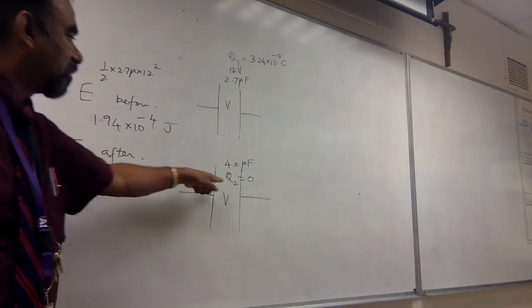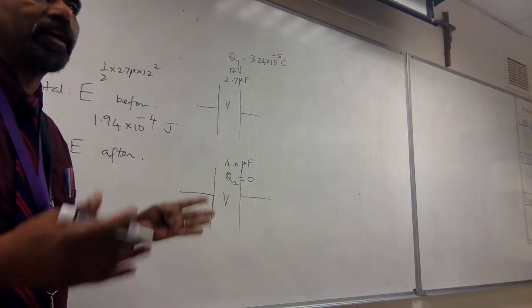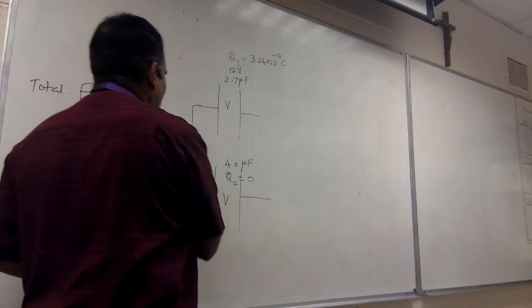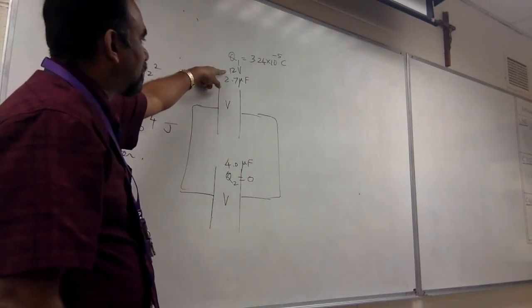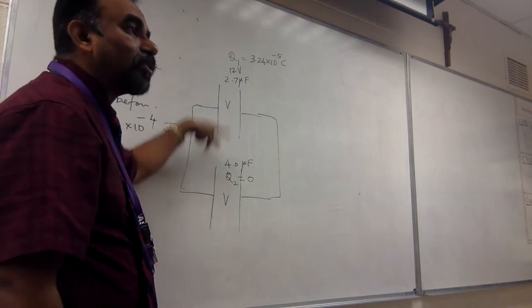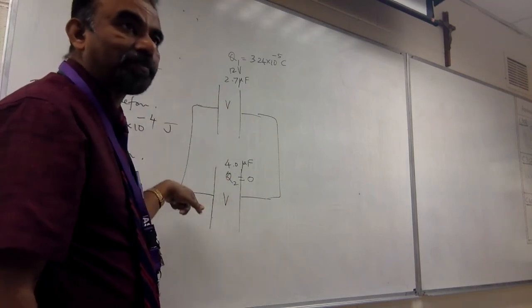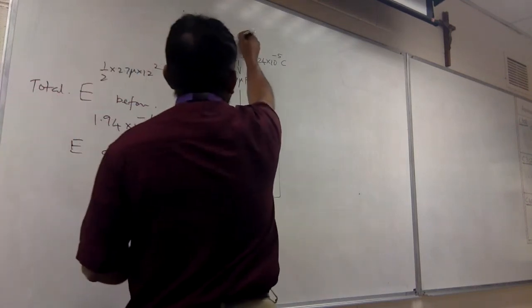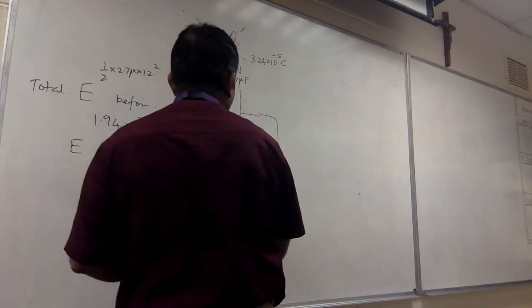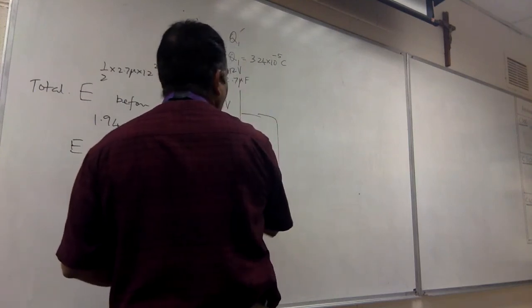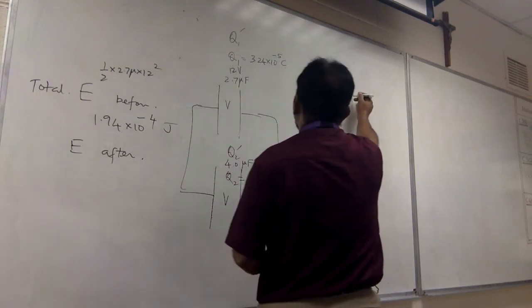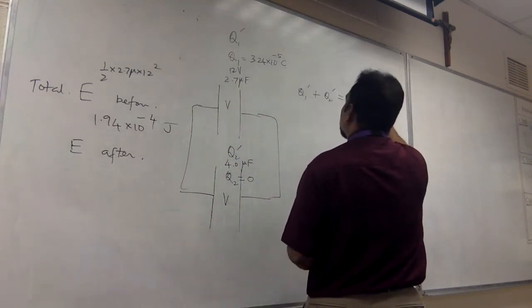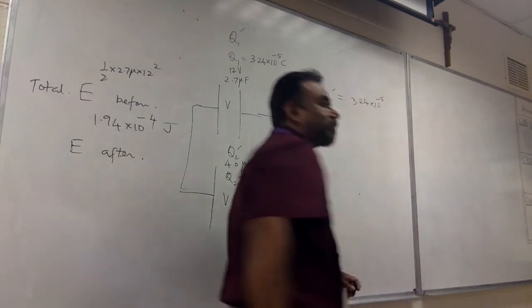But you know that when you connect them together, this is 12 volts, and this is nothing, so it's definitely going to flow in here. So this is going to have a new charge Q1 prime, and this will get a new charge Q2 prime, such that Q1 prime plus Q2 prime is equal to 3.24 times 10 to the power of negative 5. Same approach as what we did earlier.